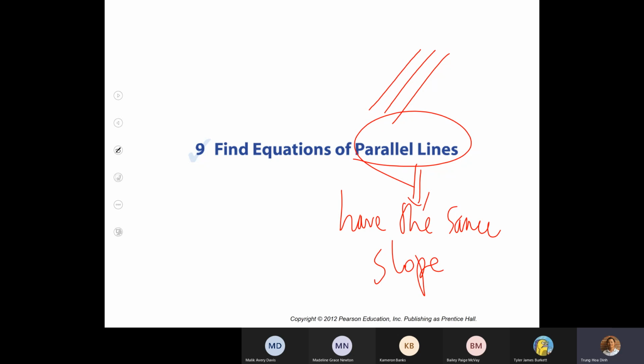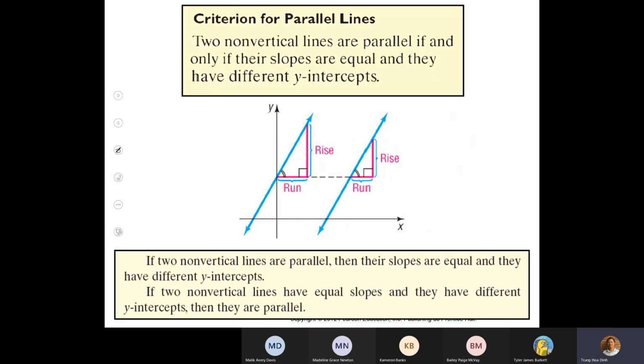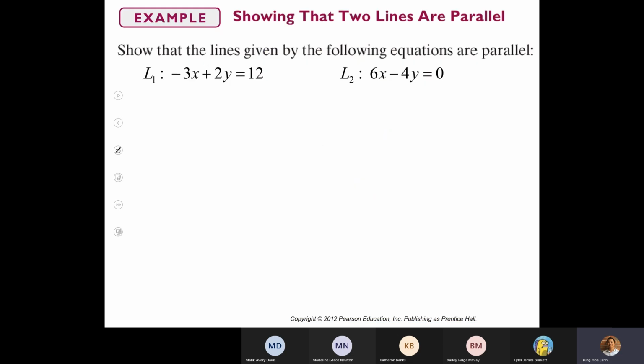If they give you an assumption that one straight line is parallel to the other, that basically means they give you the slope. So they give you slope, and you want a point. That's it.